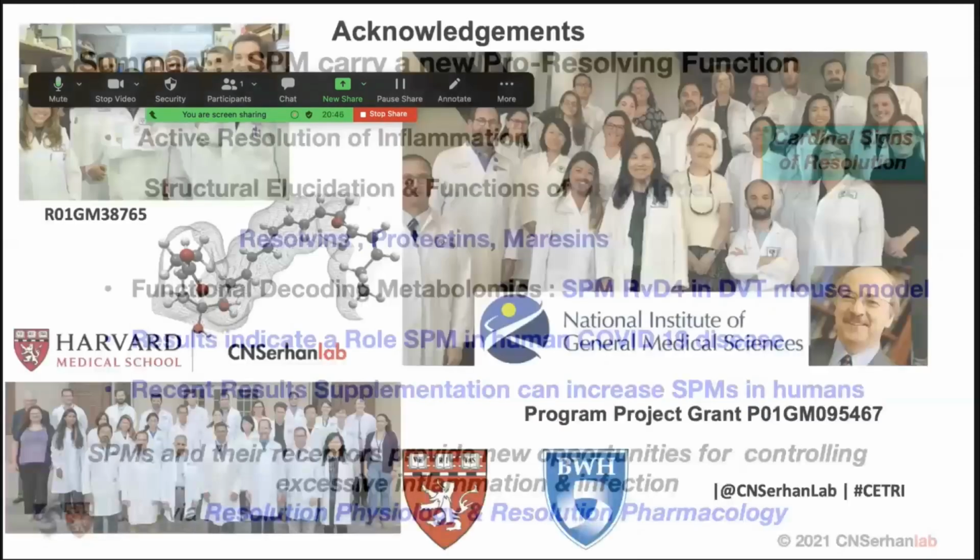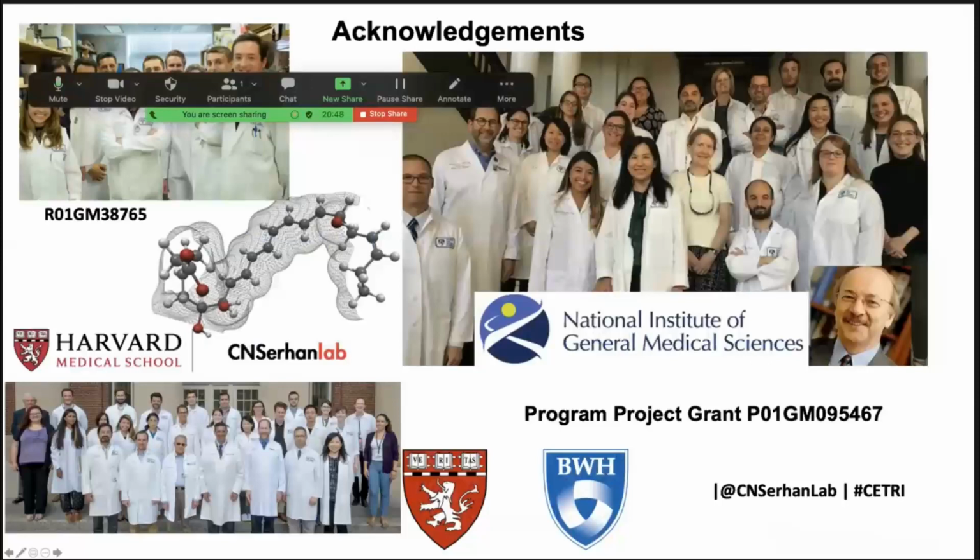And it's most important for me to thank my colleagues, shown here in the upper left in my laboratory, the members of my NIH-supported program project team here, long-standing collaborations with Dr. Nicos Petasis, supported by NIH and on the stereochemistry, and Bruce Levy and Matthew Spite, Nan Chiang, and others on our efforts to understand the resolution of inflammation.